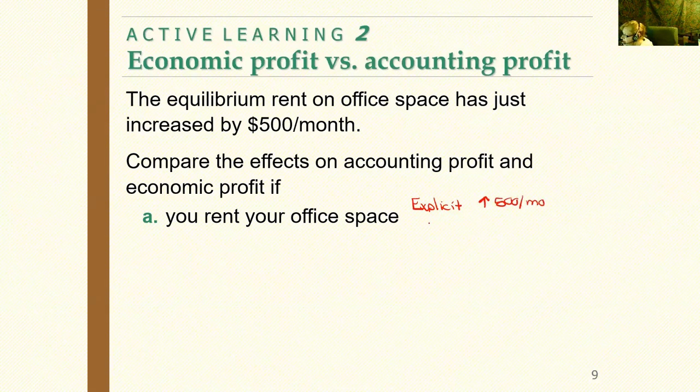Do you have any implicit cost? Well, not really, because you don't own it, okay? So in the first scenario, accounting profit is going to decrease by $500 a month because it's a cost, it's something you're paying. And the economic profit is also going to decrease by $500 per month.